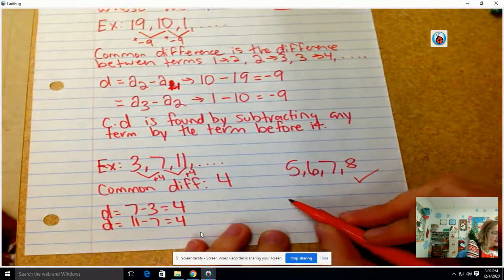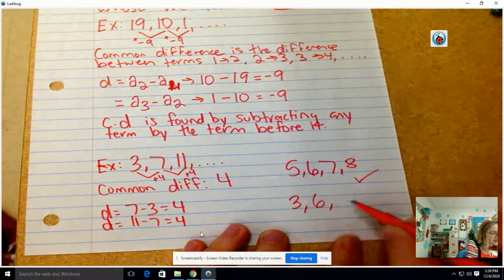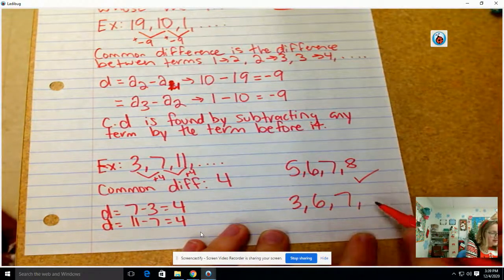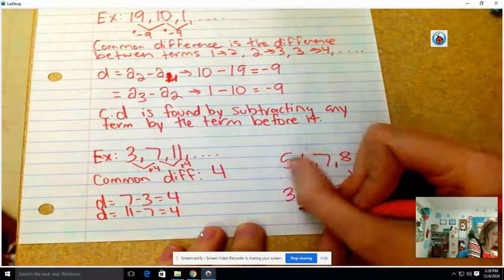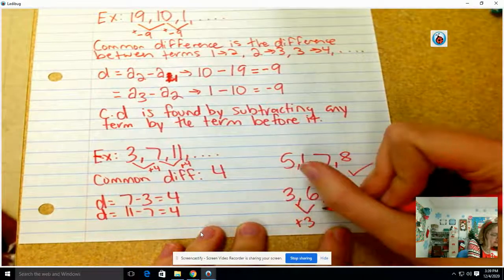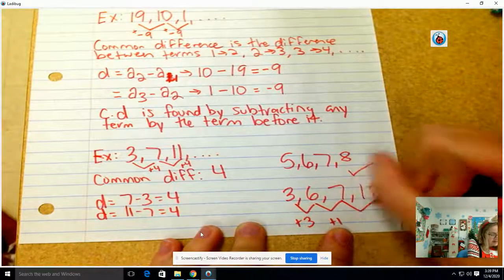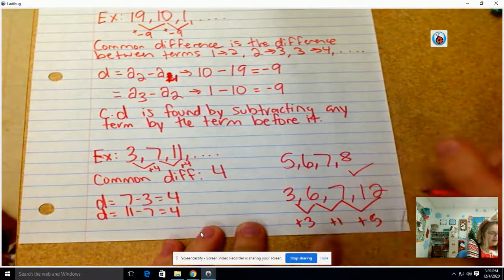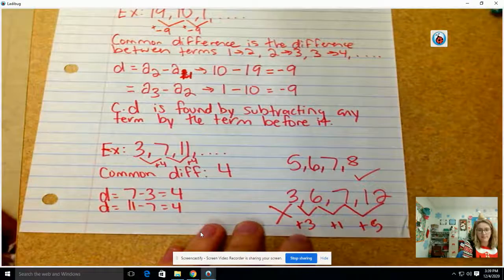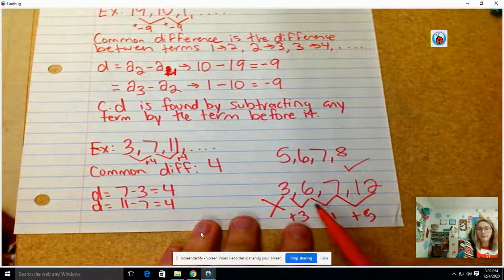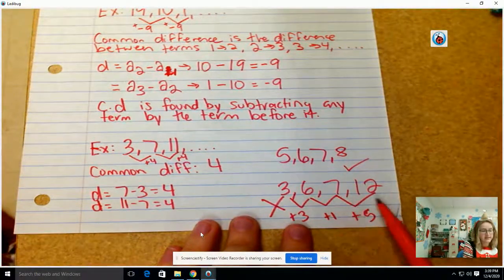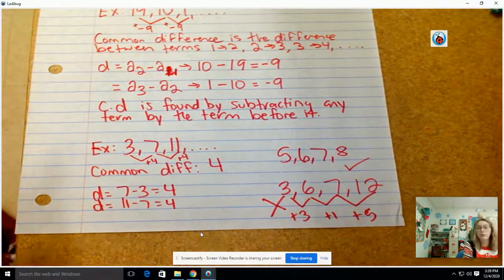If I had 3, 6, 7, 12, this one I'm adding by 3, this one I'm adding by 1, and this one I'm adding by 5. These do not have a common difference, so this would not be an example of an arithmetic sequence. This is not a sequence because it does not have a set rule that it's going by.